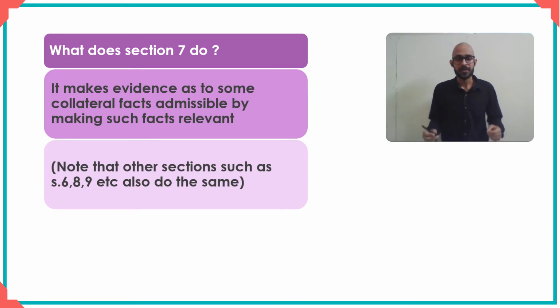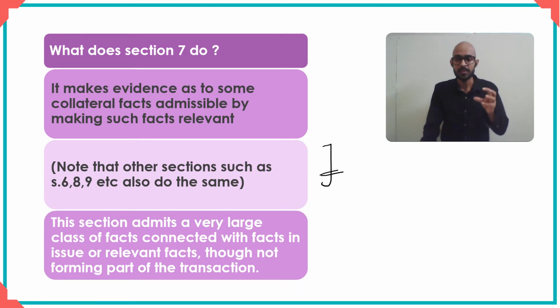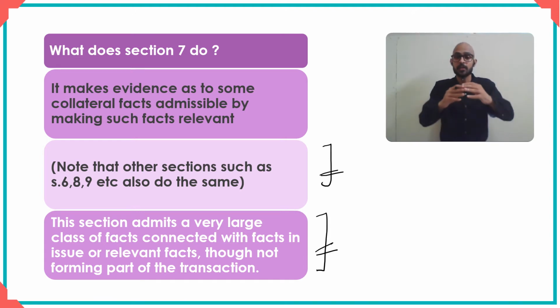Now, how do you identify that something is made relevant by section 7? You do that by looking at the words that are given in section 7. It admits a very wide class of facts, but those facts are to be determined by the specific words that relate to the section.